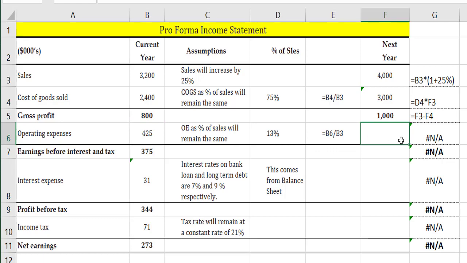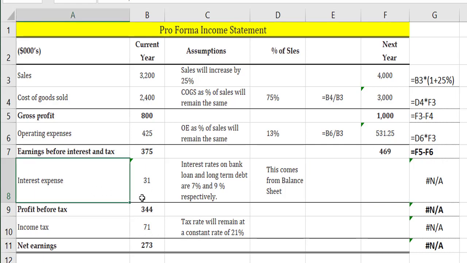Therefore, it's going to be 13% times next year's sales, and that gives us next year's operating expense. And once you compute operating expense, you can compute earnings before interest and tax, which is equal to gross profit minus your operating expense. That gives us the earnings before interest and taxes.